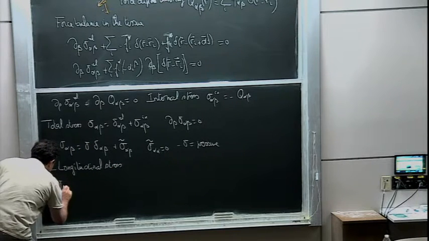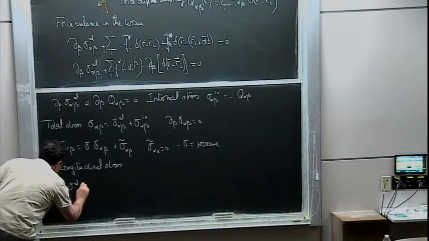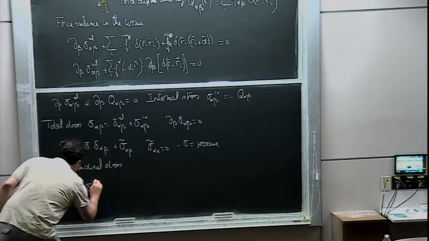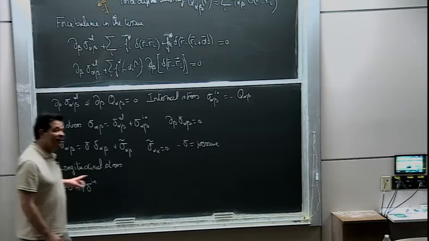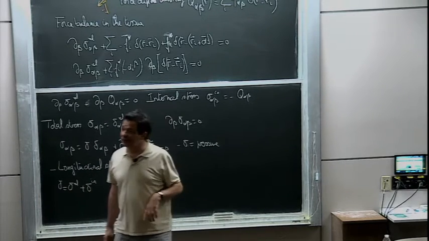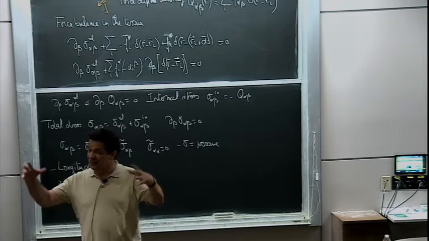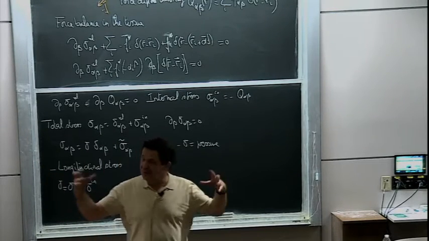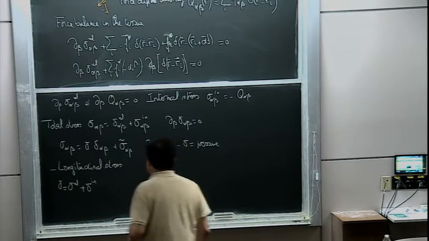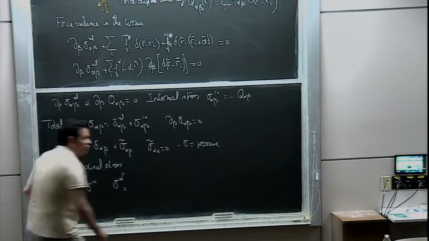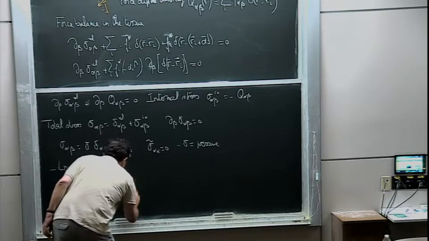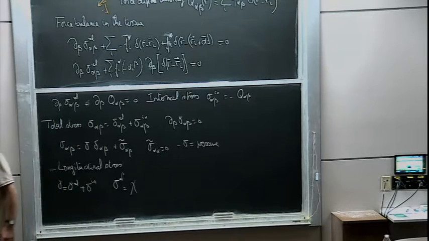So σ is σ^elastic plus σ^internal. So what is σ^elastic? It's the longitudinal component of the elastic stress. So it's just the stress due to the compressibility of the system. So σ^elastic is just the compressional modulus times δV over V. But δV over V is just a divergence of the deformation.